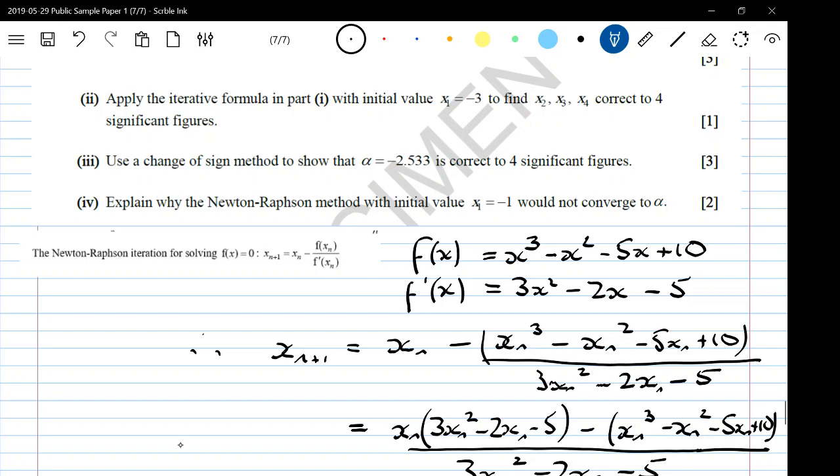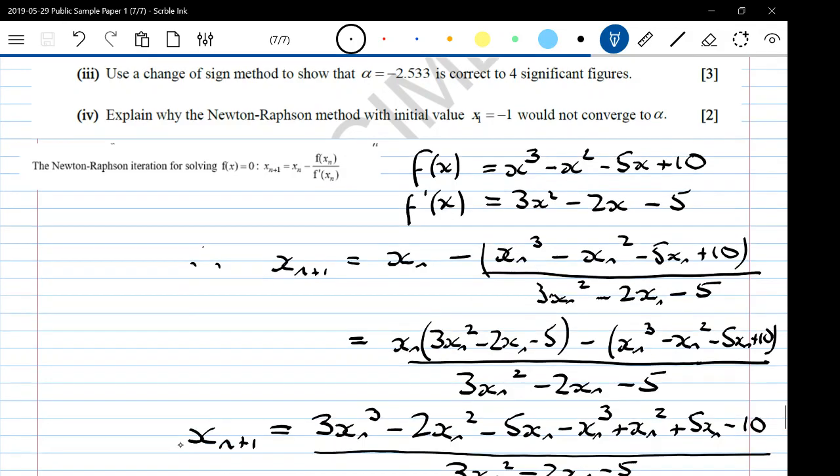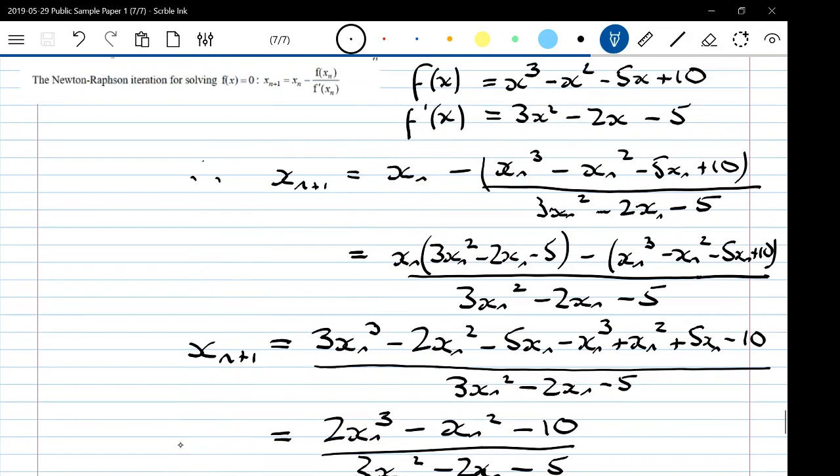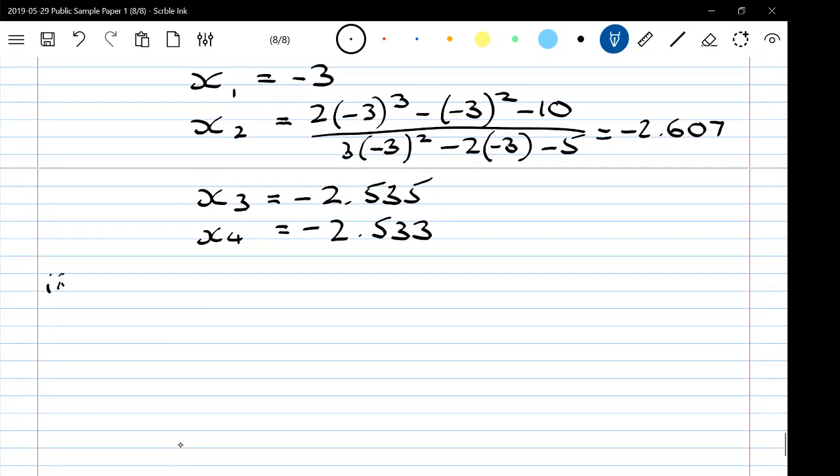Brilliant. Use a change of sign method to show that alpha is minus 2.533, correct to 4 significant figures. So minus 2.533. So we need to look either side of that.